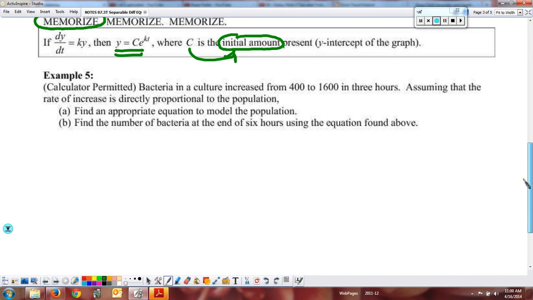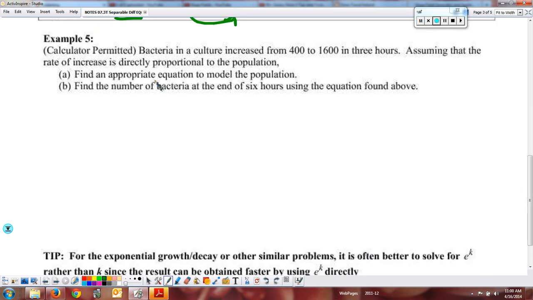All right, so let's take a look at example 5, calculator permitted. Our bacteria is going to increase from 400 to 1600 in 3 hours. And we're going to assume that the rate of increase is directly proportional to the population, and we want to find an appropriate equation to model the population. Well, here in A, we're not going to write the differential equation, separate it, and solve it.